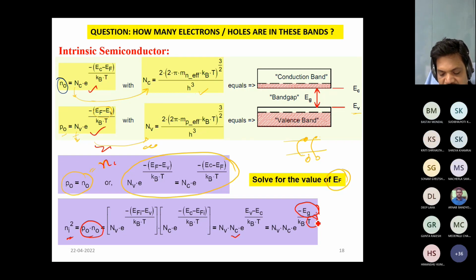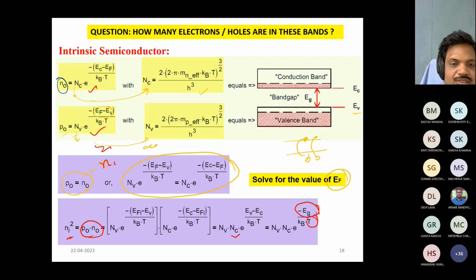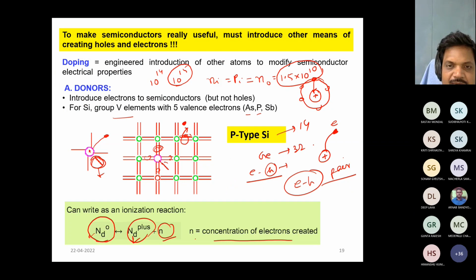If we increase the temperature, then this term will be less, accordingly it would be increasing the number of electrons, right? Yes, sir. So this is how the number of carriers generated depends on the band gap and temperature.